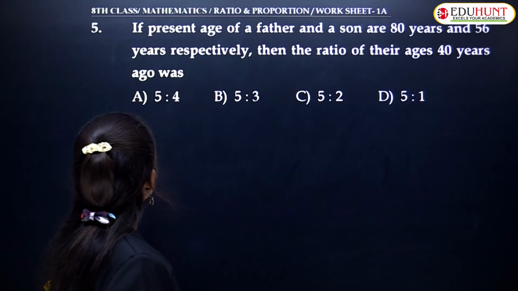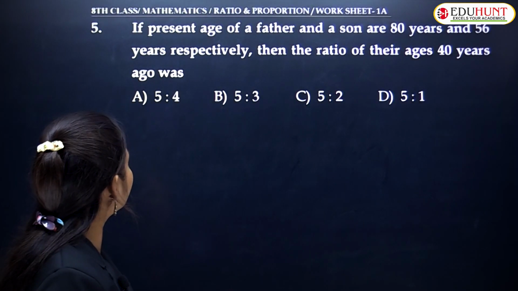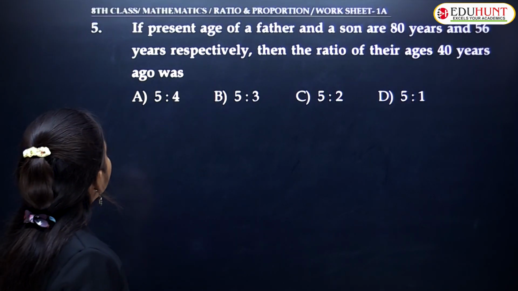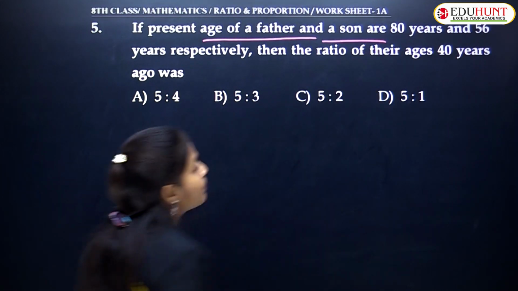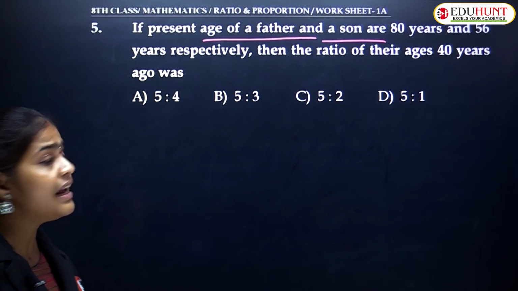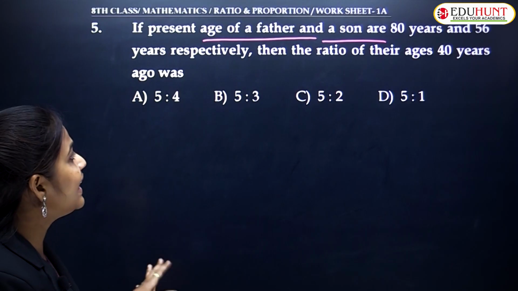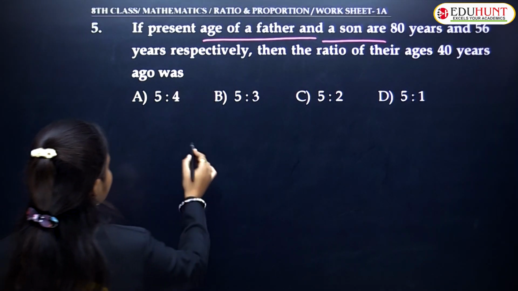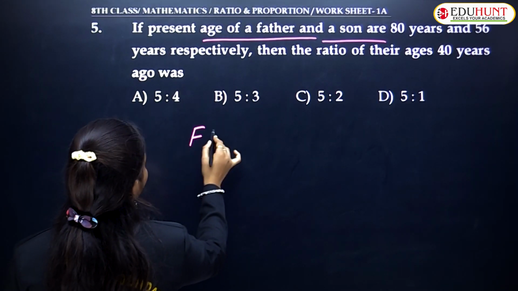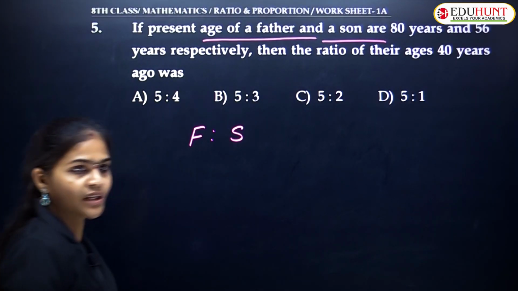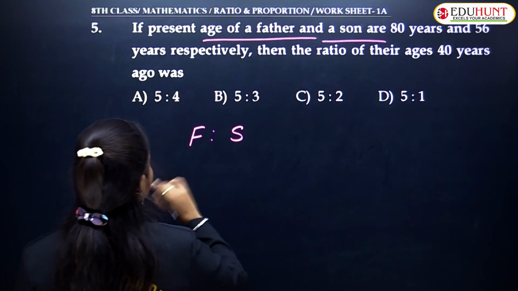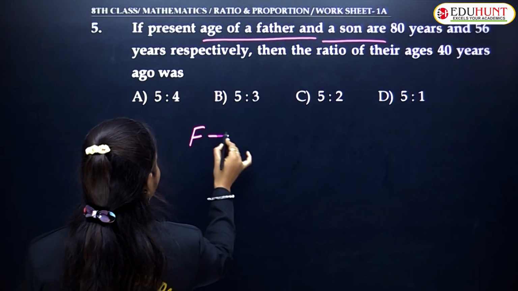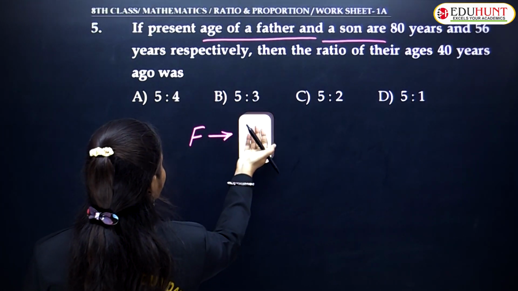Next, let us see question number 5. What are they saying here? If the present ages of a father and a son are 80 years and 56 years. The ages of father and son are given.